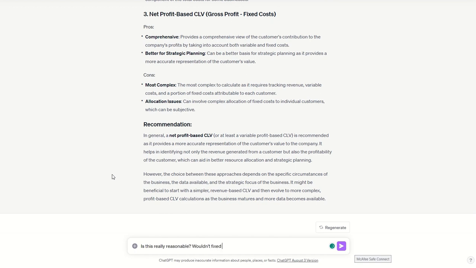Wouldn't fixed costs be sunk at the time that a marginal customer is acquired? So is amortizing those costs into CLV appropriate?